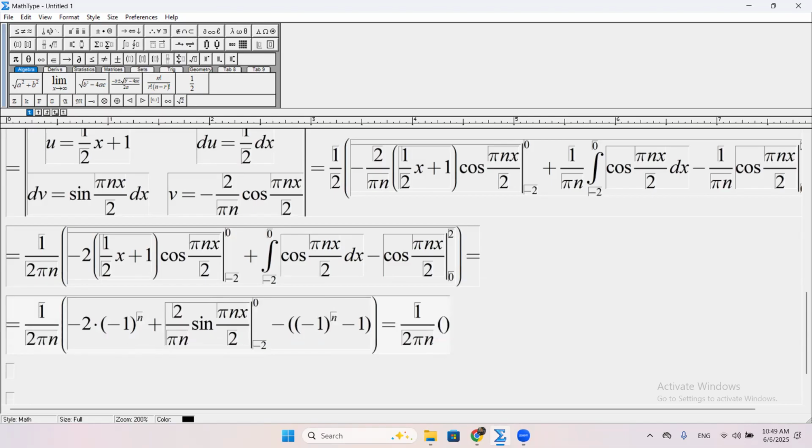So minus 2 multiplied by minus 1 in power of n, minus (minus 1 multiplied by minus 1 in power of n) and plus 1. So the final answer is 1 minus 3 multiplied by minus 1 in power of n over 2 pi n.